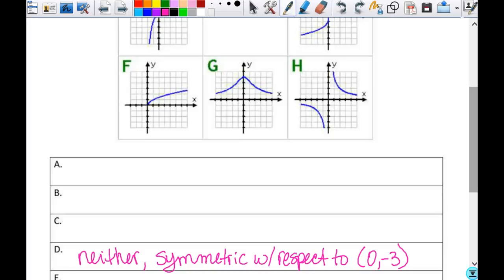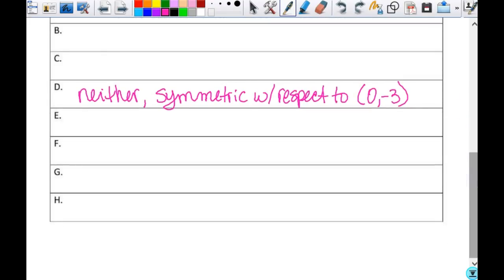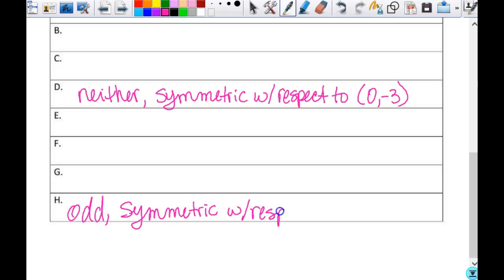So what is this? Odd. So it has origin symmetry. So H is odd, and your reason is that it is symmetric with respect to the origin.